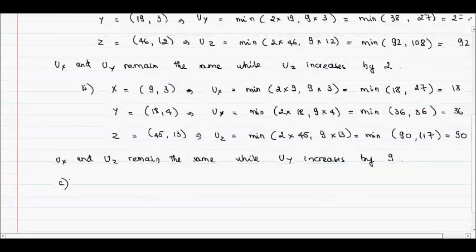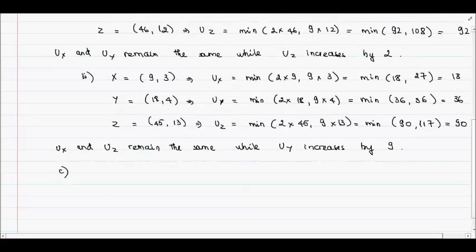So part C is asking you, now beginning from bundle X, explain how utility changes as more and more bread is added to the consumption bundle while the amount of cheese is held constant.